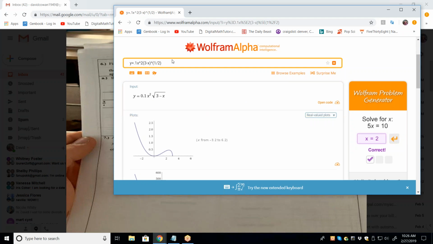The beauty of Wolfram Alpha is it's difficult to put in these functions, making sure you get all your parentheses in the right place. So the fact that they tell you what your input is is very helpful, because if you're missing a parenthesis, they'll give you the wrong function. But this is our function, is it not?